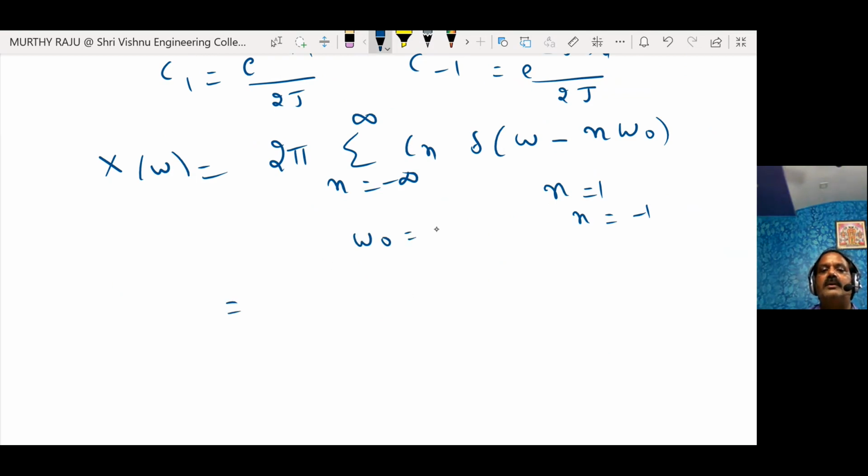Omega naught is equal to 2 pi. Substitute in the above equation.